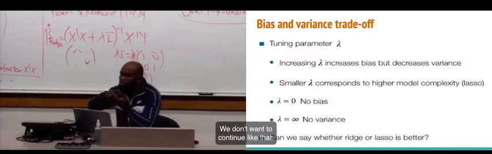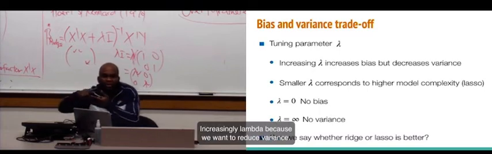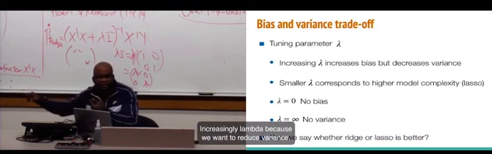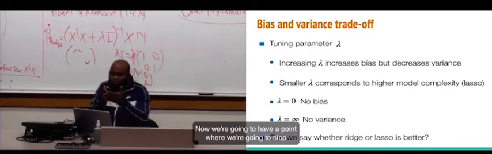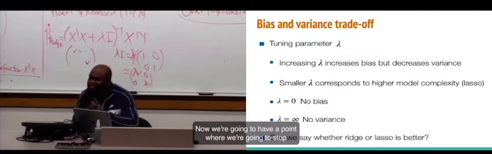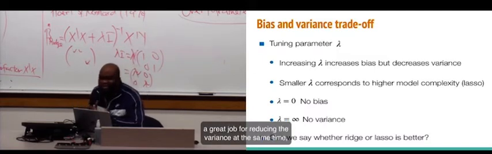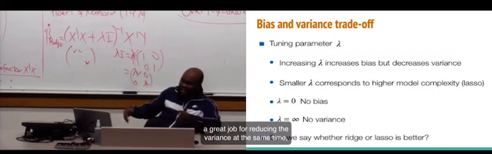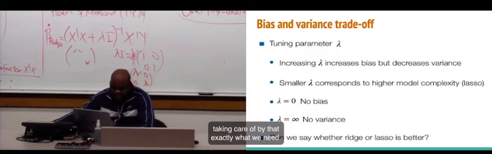We don't want to continue increasing the lambda just because we want to reduce variance. Don't forget you are creating another problem. We should have a point where we stop: an optimal value of lambda that will do a great job of reducing the variance while at the same time taking care of bias. That's exactly what we need.